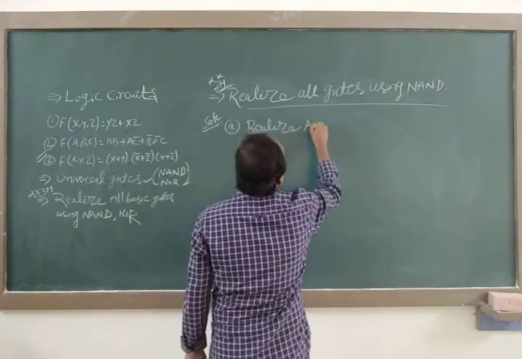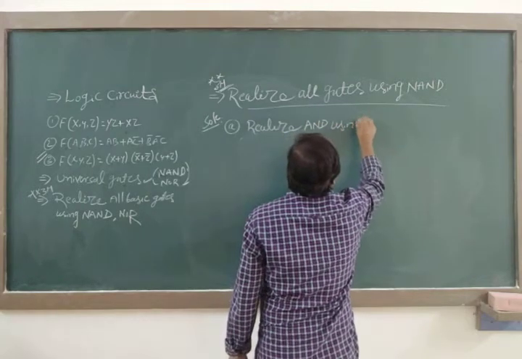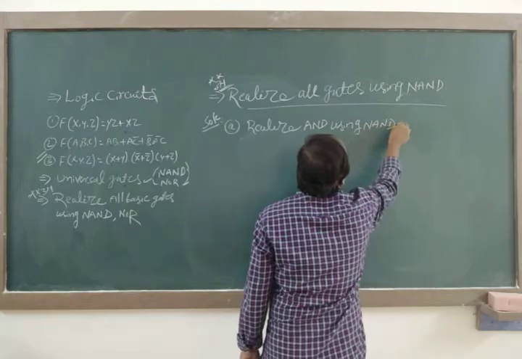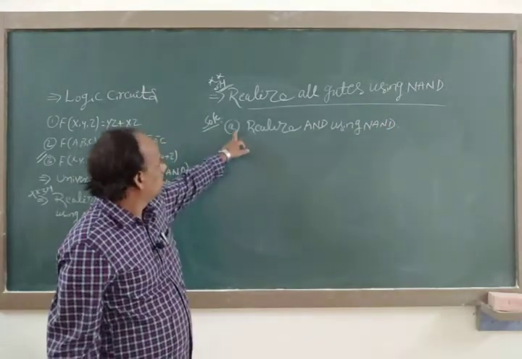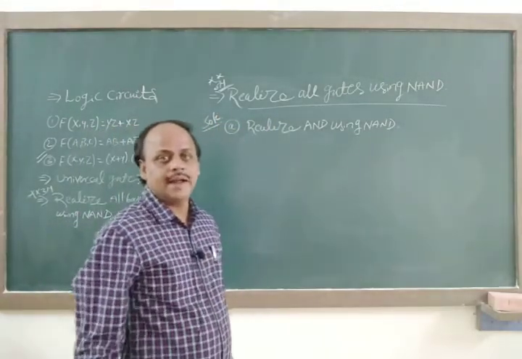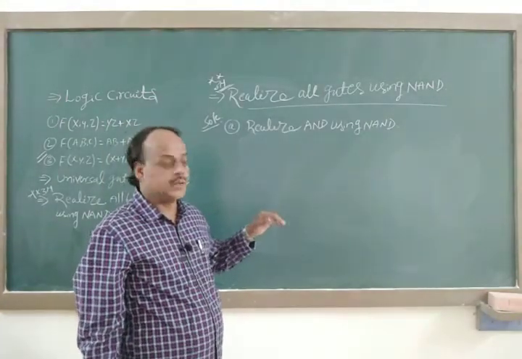Realize AND using NAND. Realize all basic gates means 3 gates: AND, OR, NOT. That's why first consider one by one.